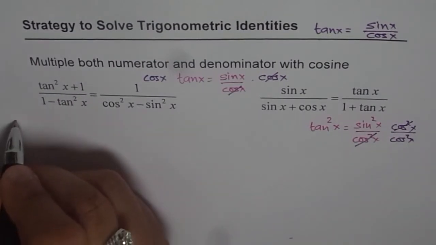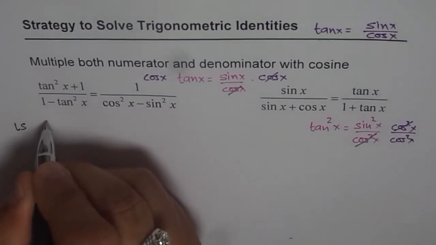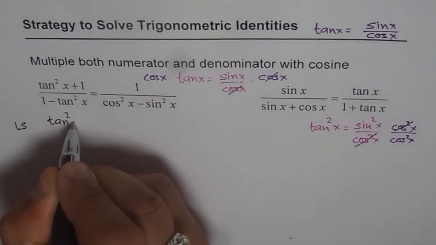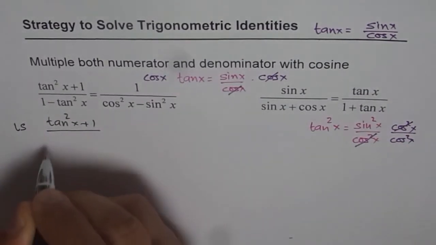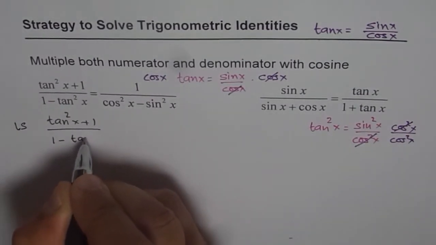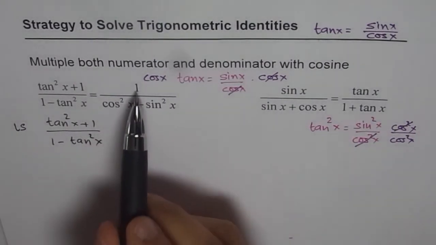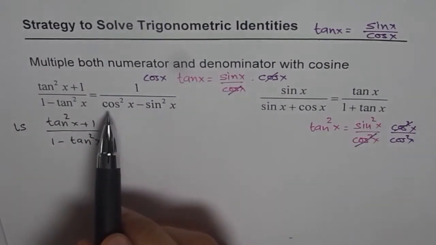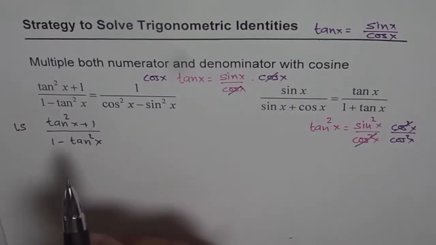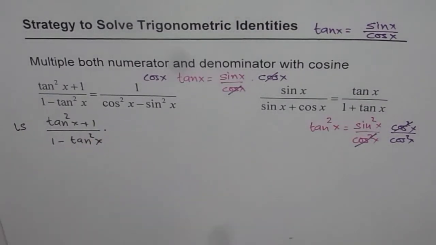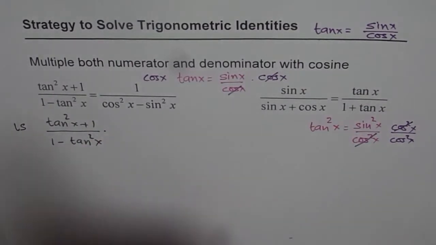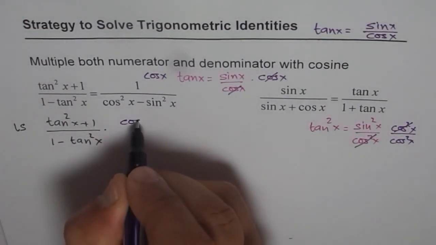So we start with the left side, which is tan square x plus 1 over 1 minus tan square x. We need to prove it is 1 over cos square x minus sine square x. As I'm saying, my strategy here is to multiply and divide by cos square x.